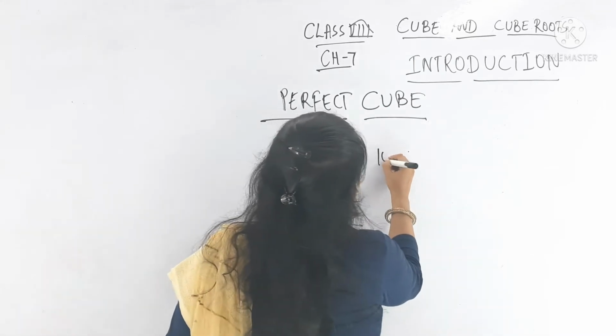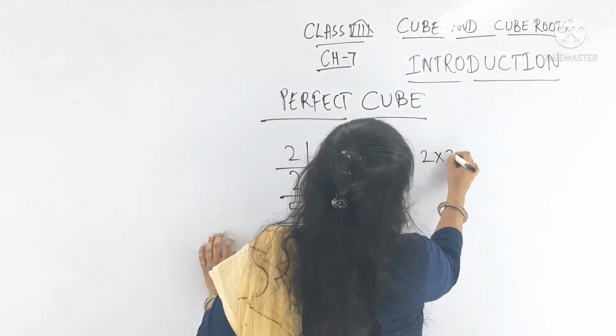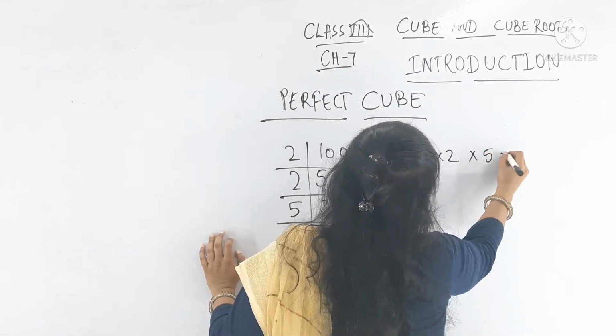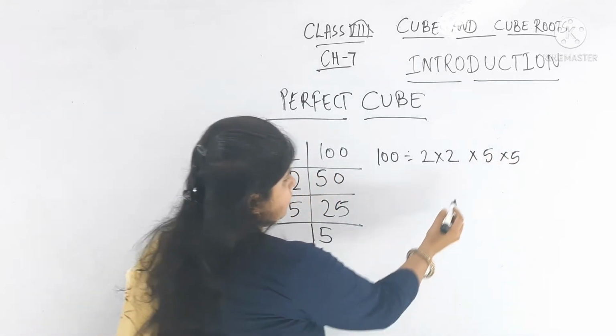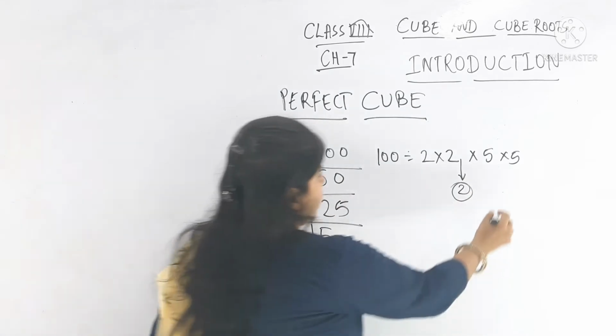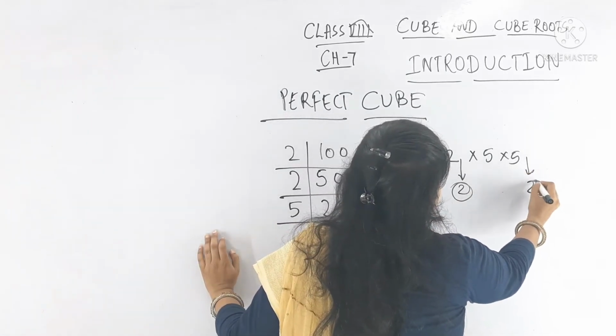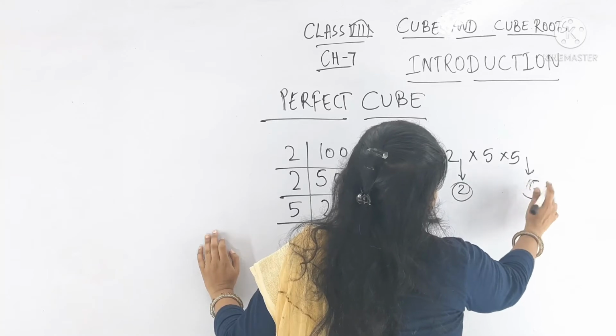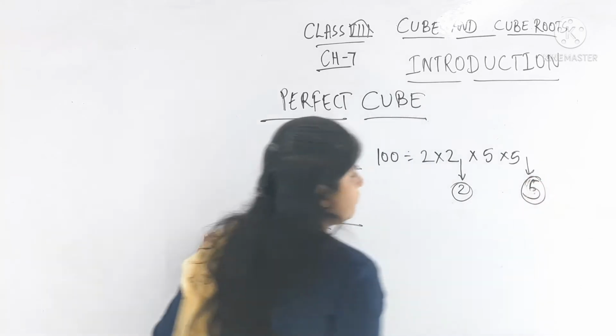How will we write here? 100 equal to 2 into 2 into 5 into 5. You can see that here it is missing a 2, okay, and here also it is missing a 5, right?